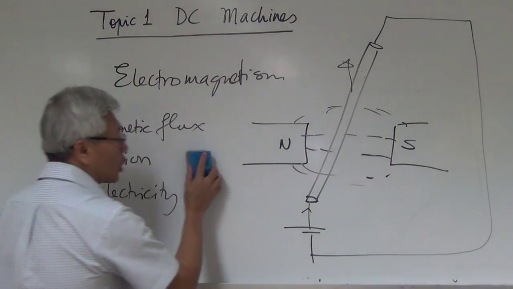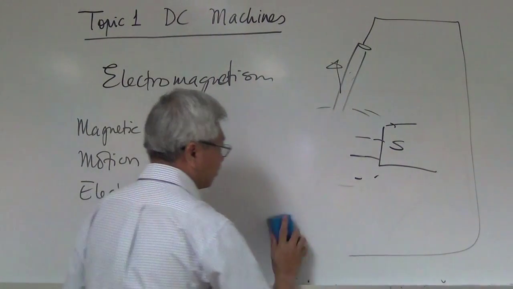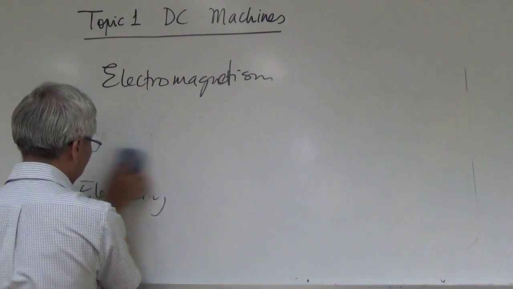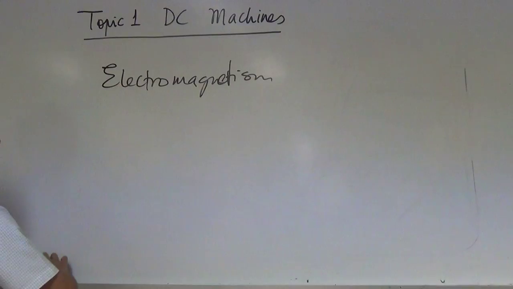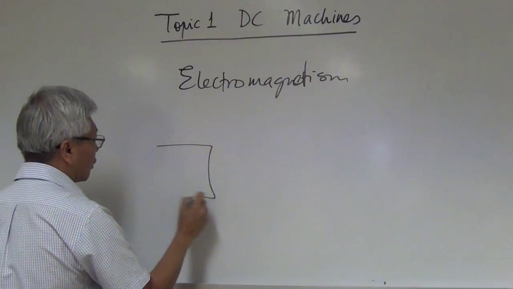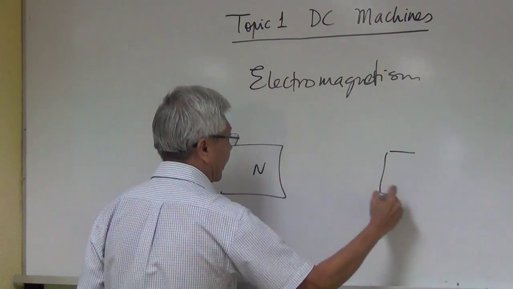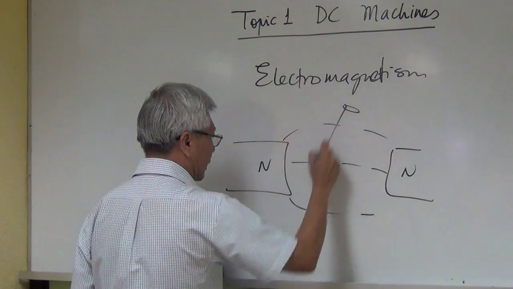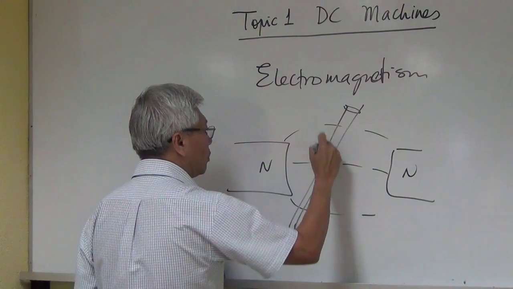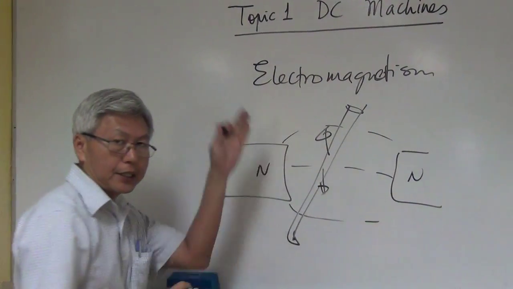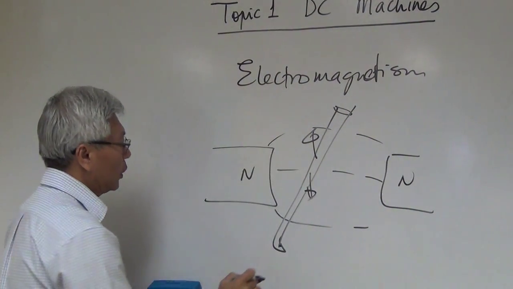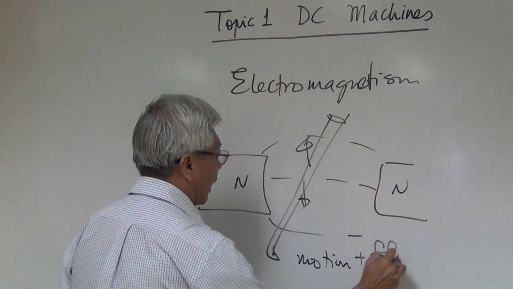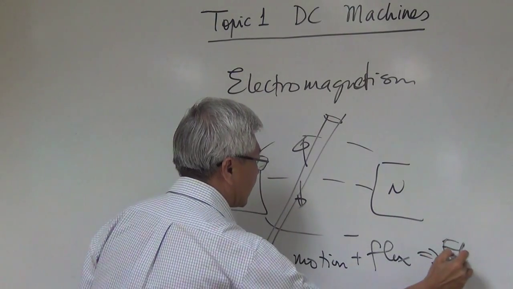So now, let us look at our generator. We have a magnet, north pole, south pole, and a conductor, and I move my conductor to produce electricity. So motion plus magnetic flux will give me electricity.